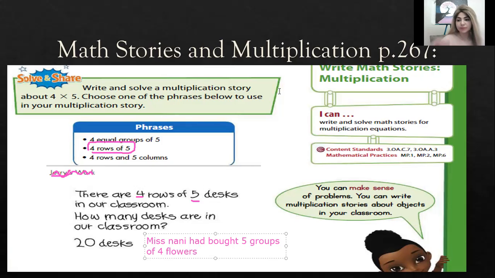If I bought 5 groups of 4 flowers, let me see how many flowers I have here. 1, 2, 3, 4. So I will count 4 plus 4 plus 4 plus 4, 5 times. So it will be 20. Or I can do what we do, 4 multiply 5, which is equal to 20 flowers.